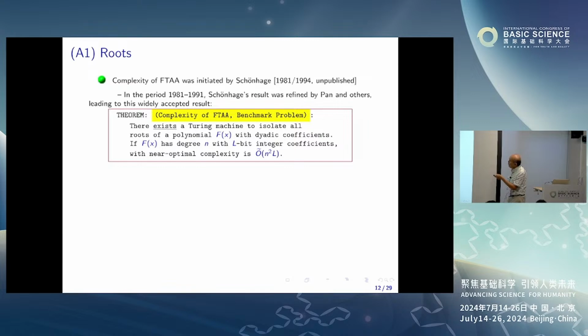Polynomial has then the O tilde n squared, and basically this is optimal, and we say this is basically the correct picture.